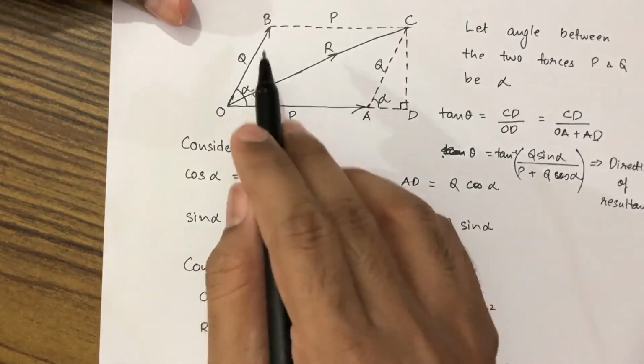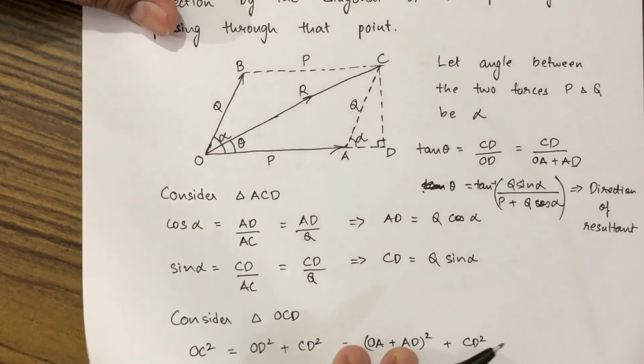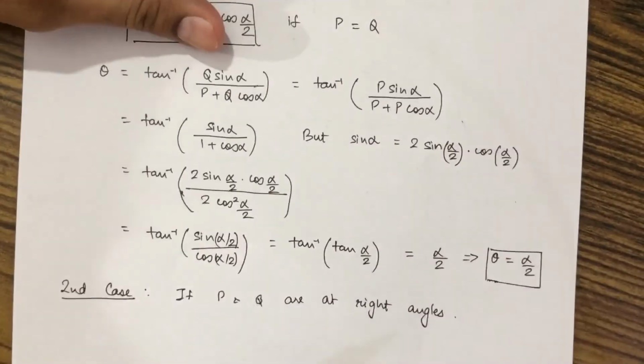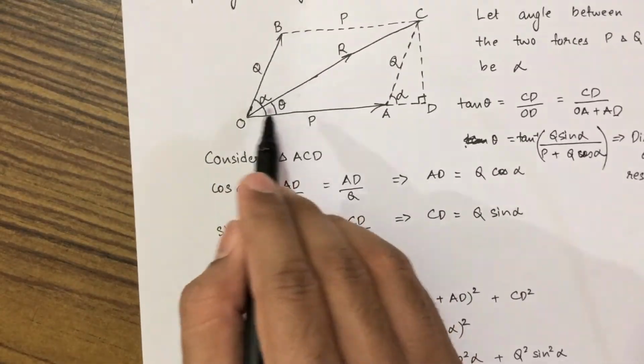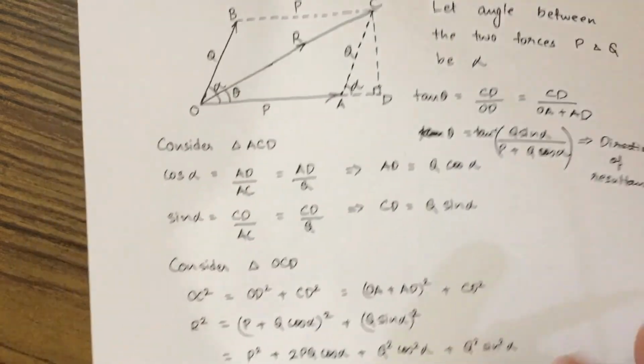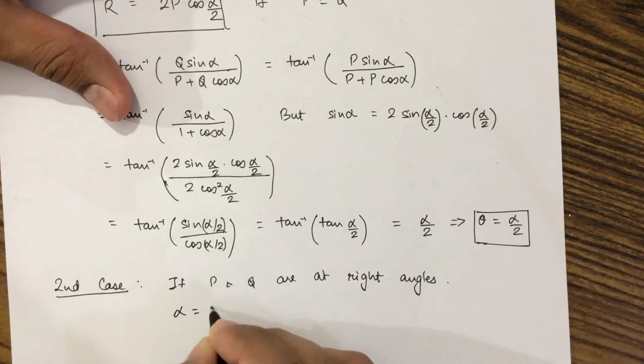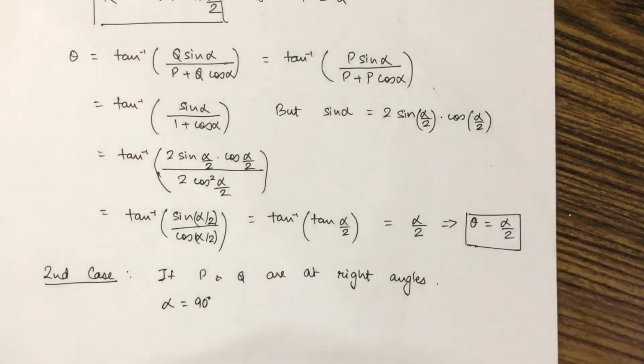In this case, P and Q were not at right angles; they were given at some angle alpha. But what if they are given at a right angle? Then this angle alpha will be equal to 90 degrees because P and Q will be at right angle.